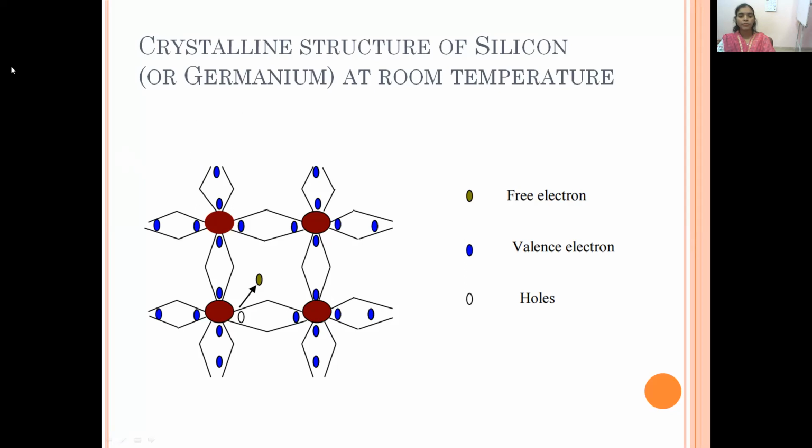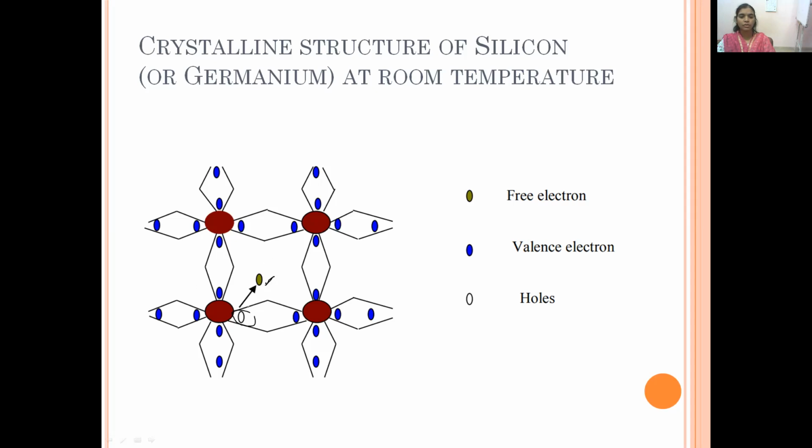Breaking the covalent bond sets the electrons free, and they are available for conduction. When an electron escapes from the covalent bond and becomes a free electron, a vacancy is created in the covalent bond.